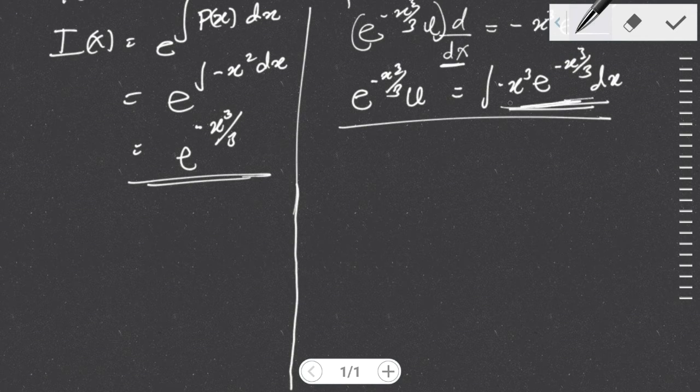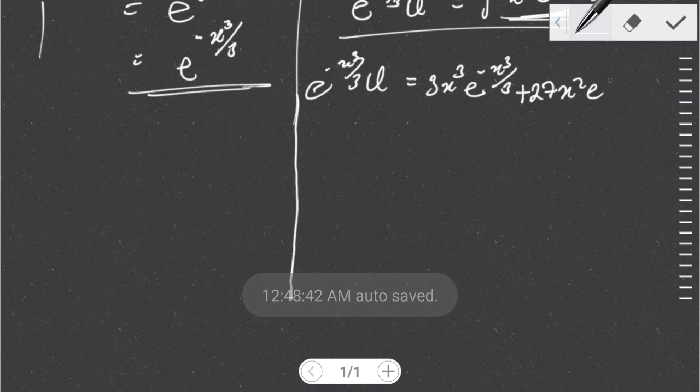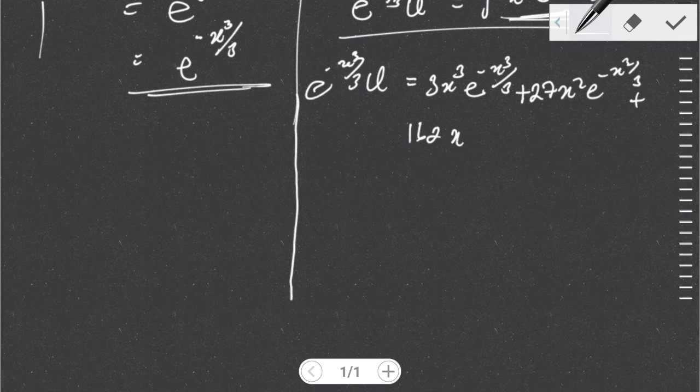only this one, you find that what you're going to get, we are going to have e to power negative x cubed all over 3 u, which would be 3x cubed e to power negative x cubed all over 3 plus 27x squared e to power negative x cubed out of 3 plus 162x e to power negative x cubed out of 3 plus 486 e to power negative x cubed out of 3 plus the arbitrary constant.